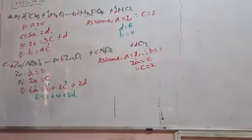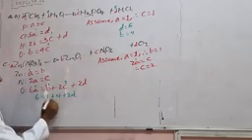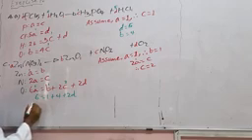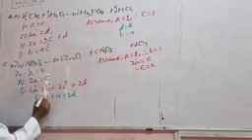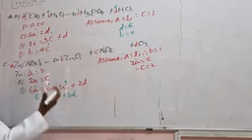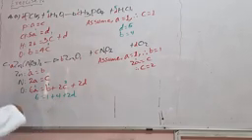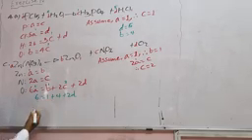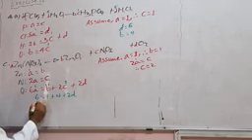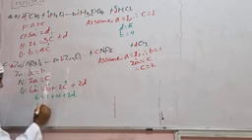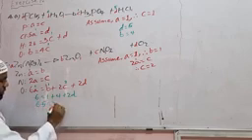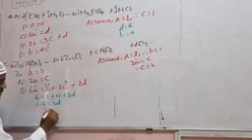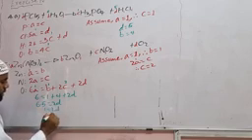You see, 1 plus 4 means 5. The 5 coming here becomes negative, because after the equal sign, the numbers will be transferred by putting a negative sign on its side. Therefore, 6 minus 5 is equal to 2D. 6 minus 5 means 1. 1 is equal to 2D.